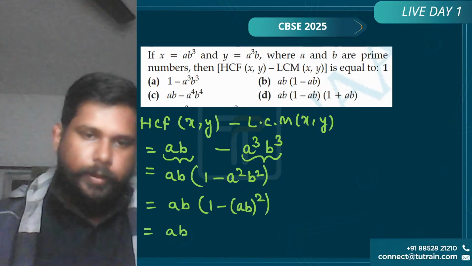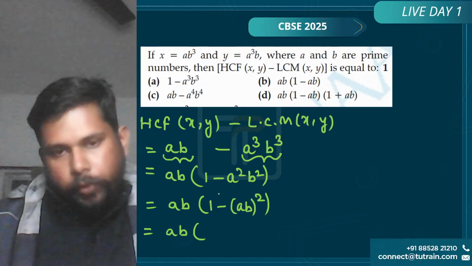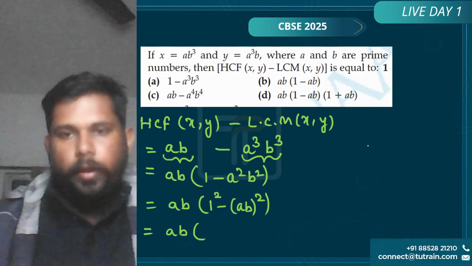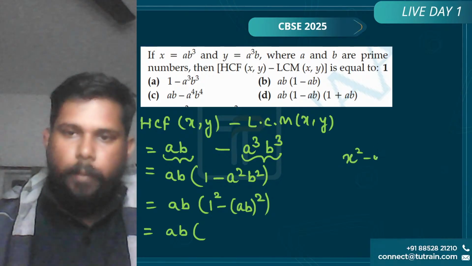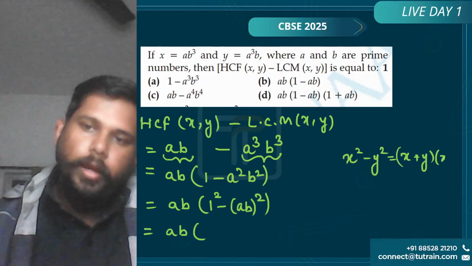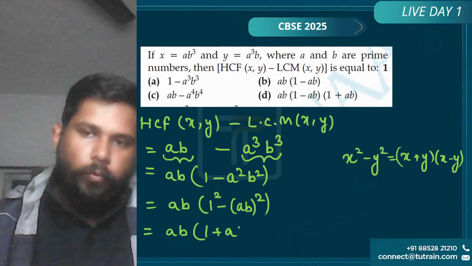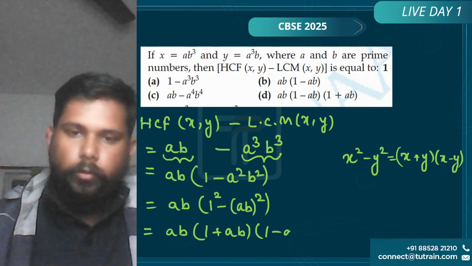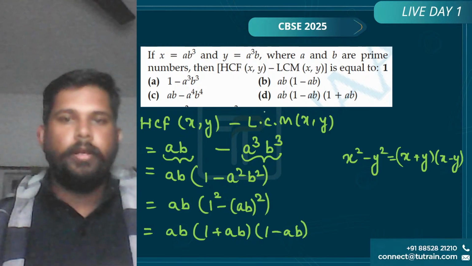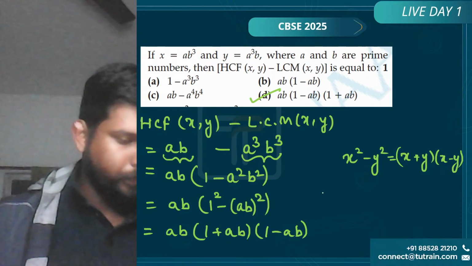So it is ab times, now see, this is of the form x square minus y square, which is x plus y into x minus y. So here it will be 1 plus ab into 1 minus ab. So my option D will be the correct answer.